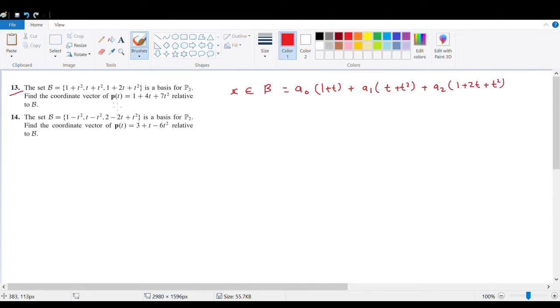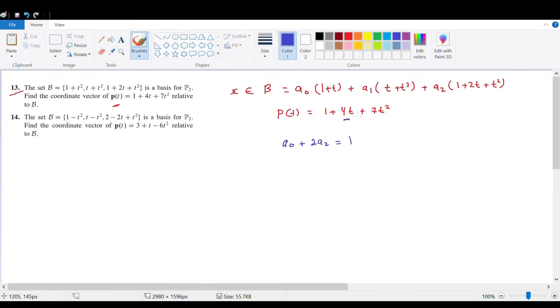Now it is given that p(t) is equal to 1 plus 4t plus 7t squared. If we compare, the constant terms give a0 plus a2 multiplied by 1, which should be equal to 1.